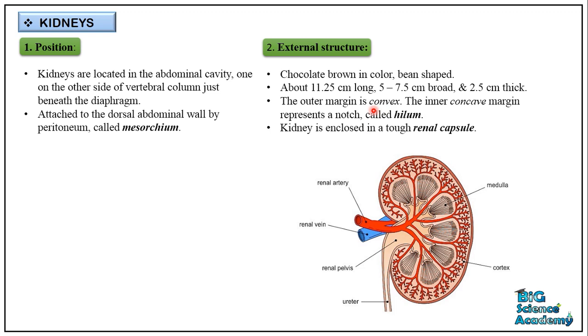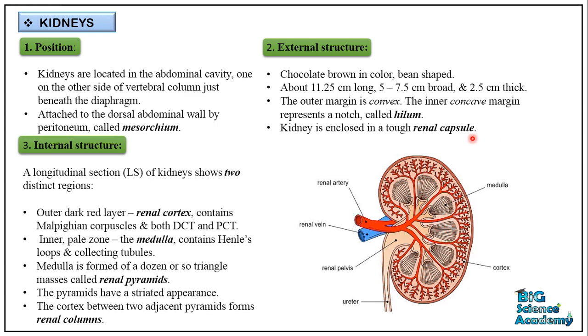The outer margin is convex, and the inner concave margin represents a notch called hilum. Through the hilum, the ureter and renal vein come out and the renal artery enters in. The kidney is enclosed in a tough renal capsule which is formed of white fibrous tissue.